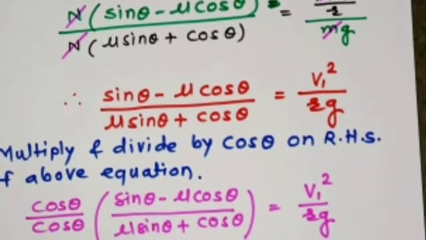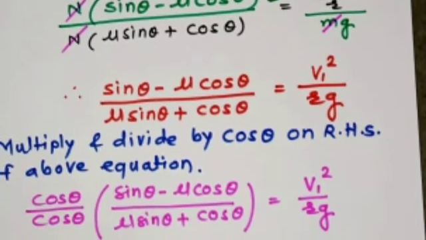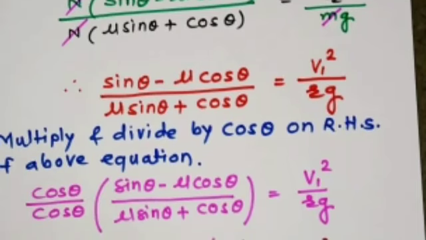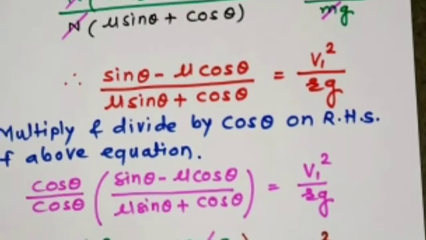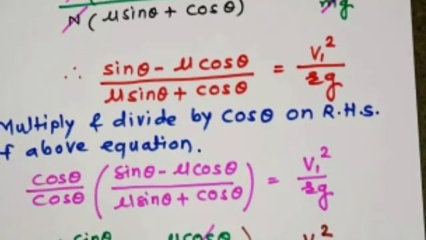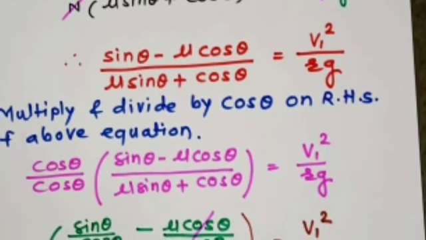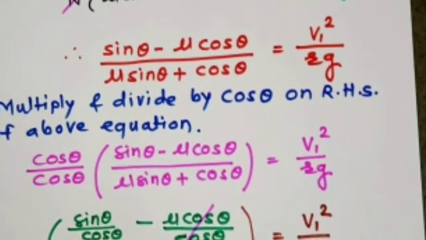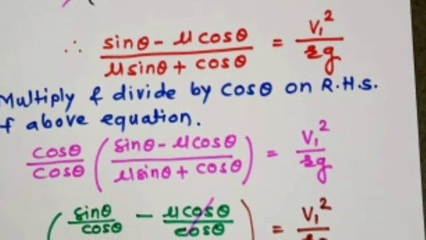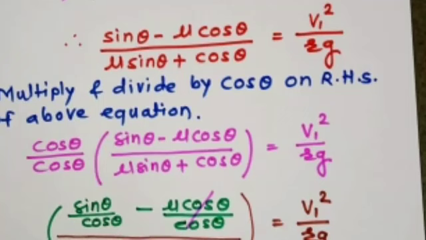Multiply and divide by cos theta on the right hand side of the above equation. Therefore, cos theta upon cos theta into (sin theta minus mu cos theta) upon (mu sin theta plus cos theta) equal to v1 square upon rg.